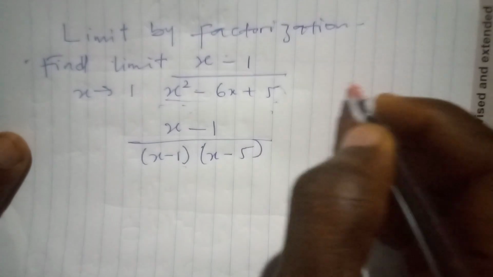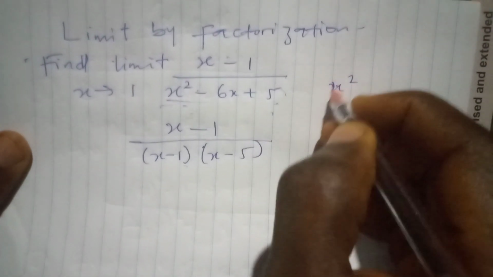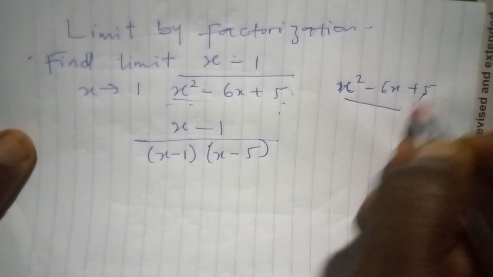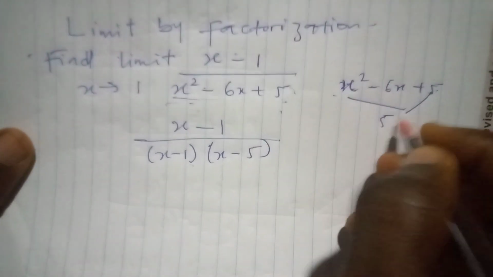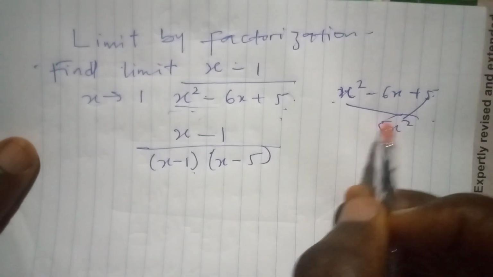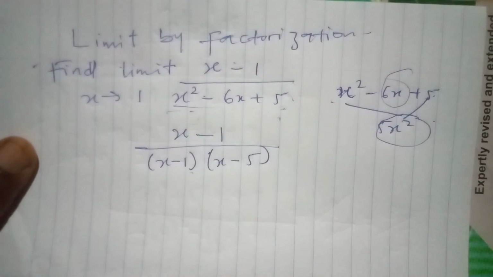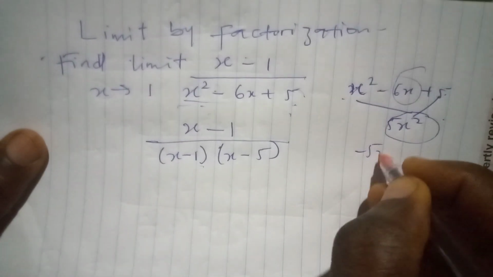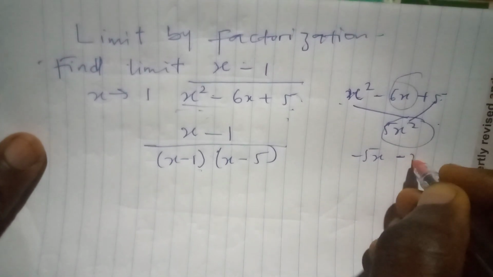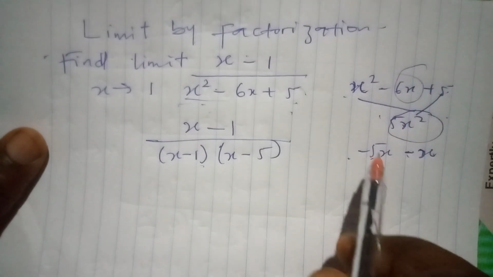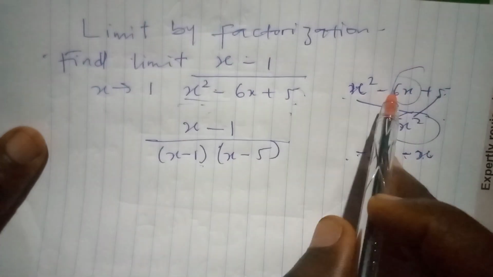How do we factorize? When you have x squared minus 6x plus 5, 5 times 1 is 5x squared. You look for two numbers that when you multiply give you this, and when you add give you this. The two numbers are minus 5x and minus x. Minus times minus plus 5x times x gives 5x squared. Minus 5x minus x gives you minus 6x.